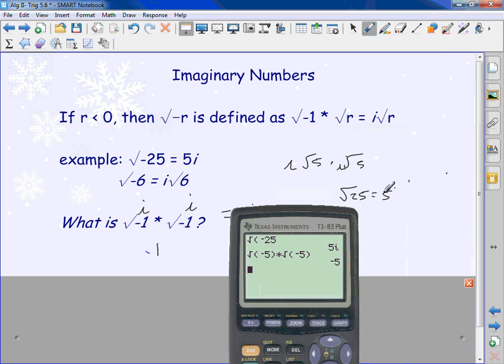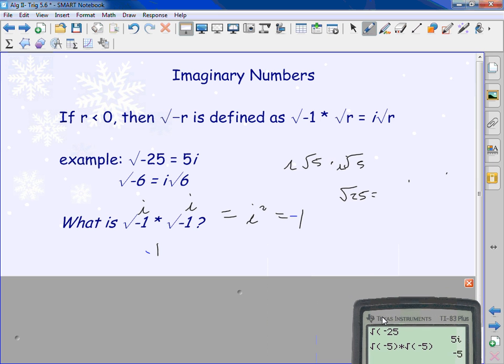Yeah, this would be negative 5. I messed up on the i's. i times i is negative 1. All right? i times i is negative 1.